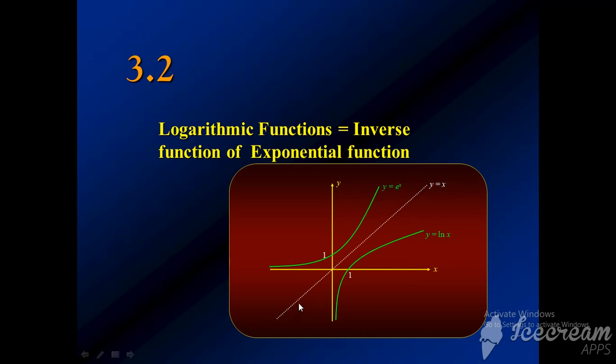So the image of this curve under the line y = x will be this curve, which is y = logarithm of x with base e. And look here, these are two inverses: the standard exponential is the inverse of the natural logarithm ln x.